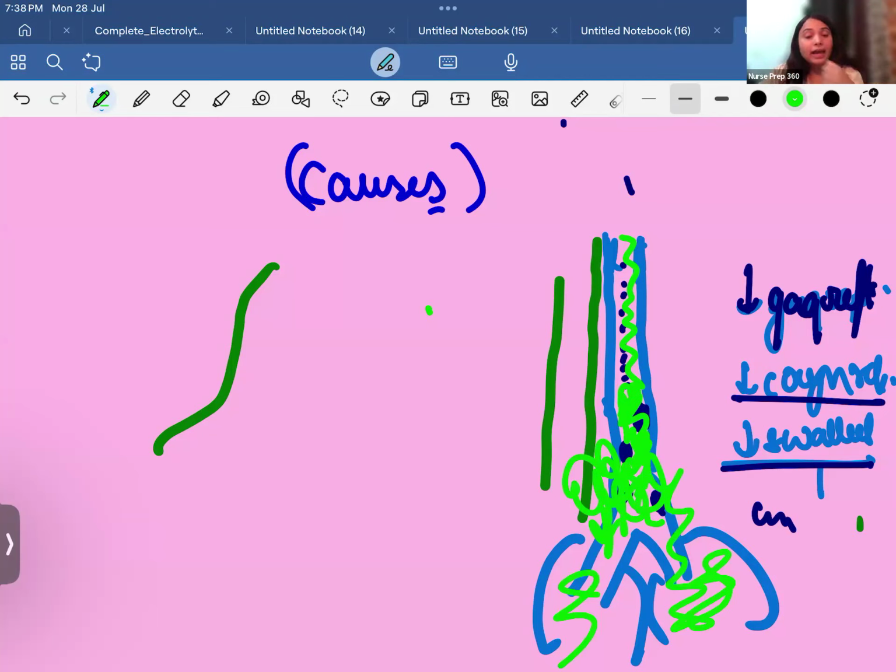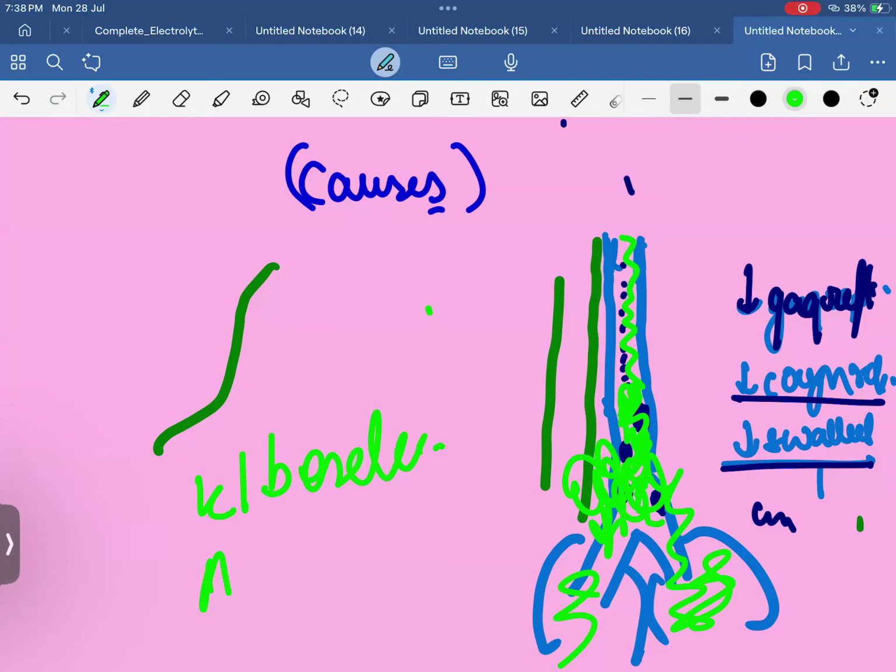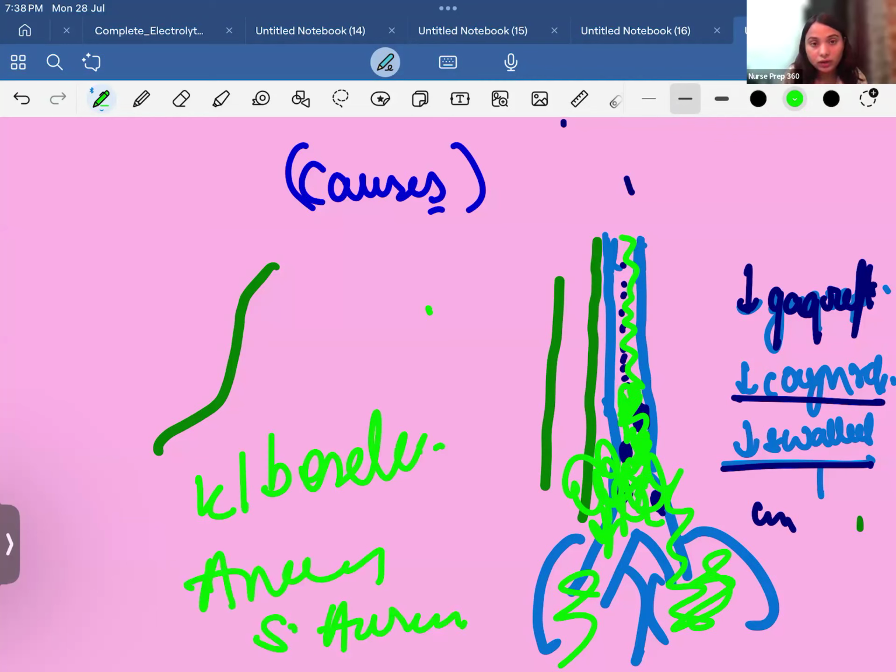The causative microorganisms for aspiration pneumonia are Klebsiella, anaerobic bacteria, and Staphylococcus aureus. These are the causative agents which will grow on your food and have a happy party in your lungs, and you will get pneumonia. Understood? That was the first cause of pneumonia.